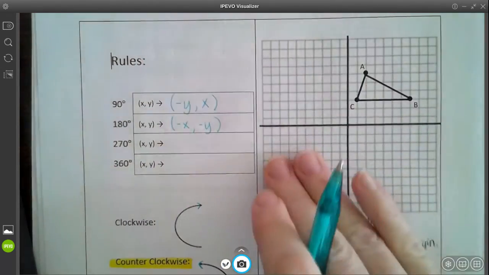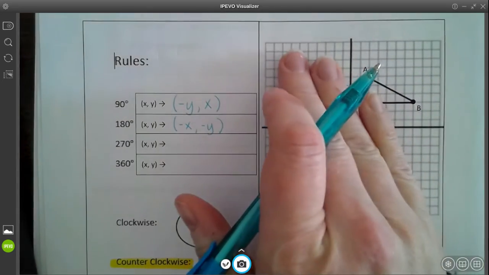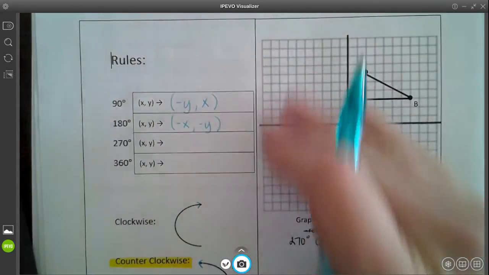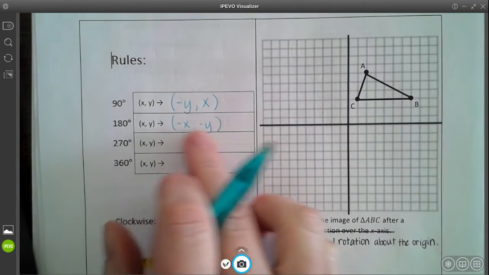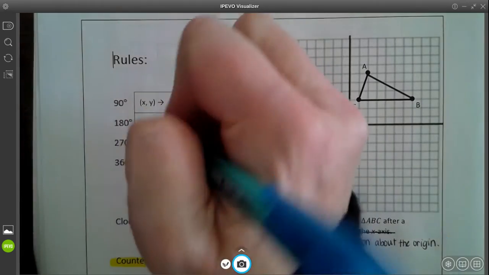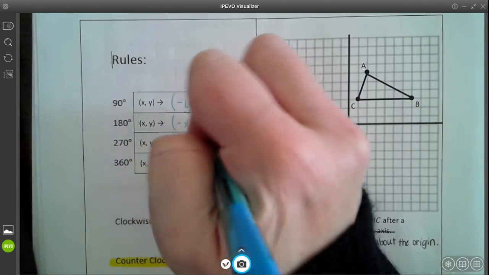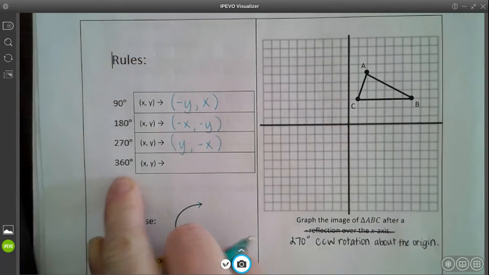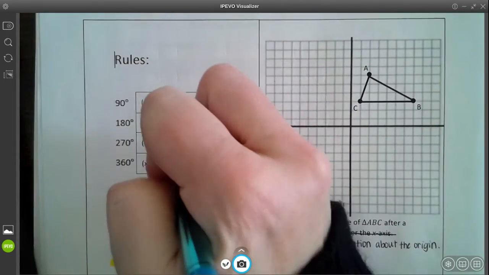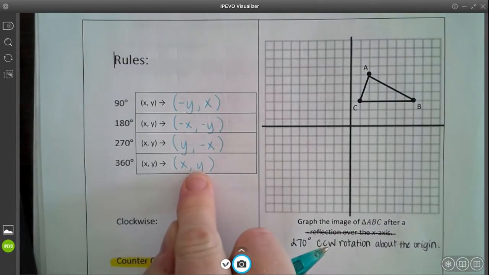Because a 180 rotation will get you over here, which is like a y-axis reflection and an x-axis reflection. So it kind of combines both of those rules. Okay, a 270 is going to be the y coordinate and then the opposite of the x coordinate. And a 360 just gets you all the way back.